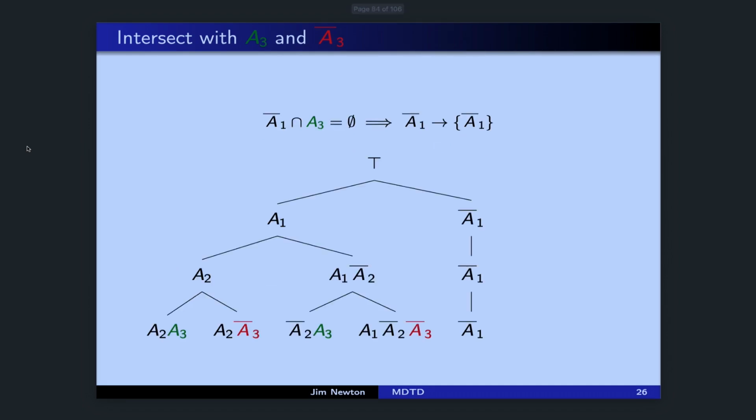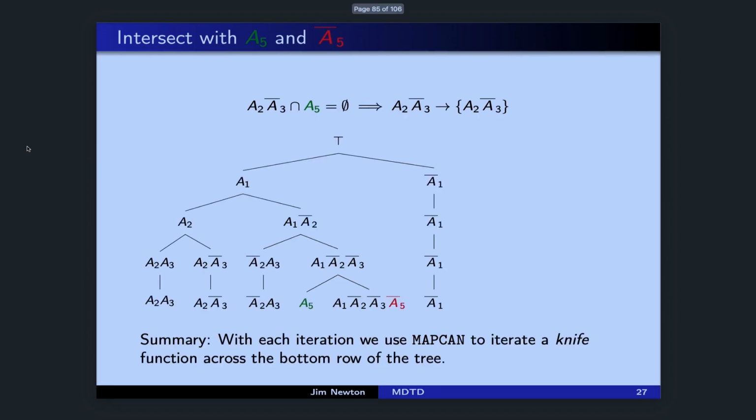Now we go to A3. We intersect everything on the bottom of the graph with both A3 and the complement of A3, and all of the types split in half again, except, again, not A1, which is disjoint from A3. At the next level, when we intersect with A5, we notice A5 is disjoint from A2 and not A3.